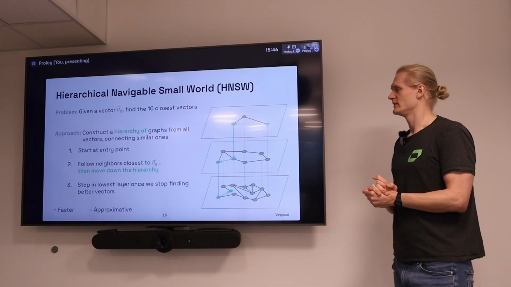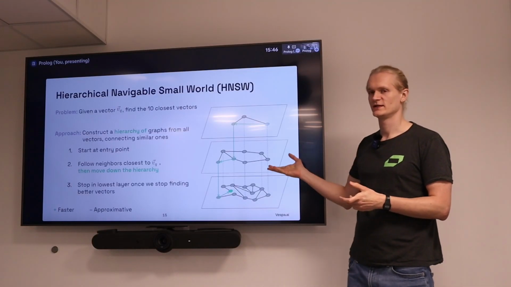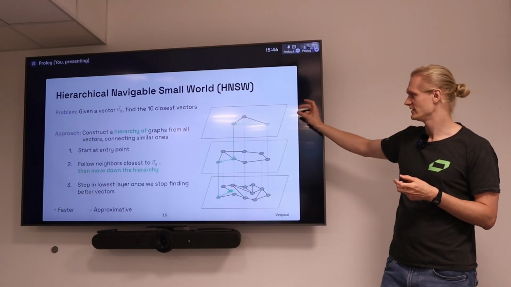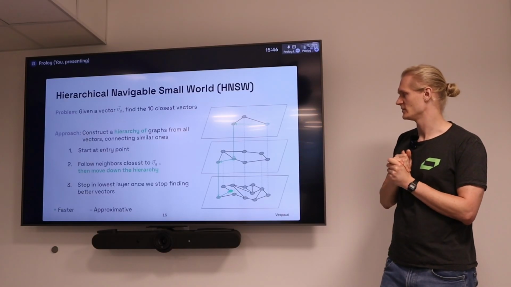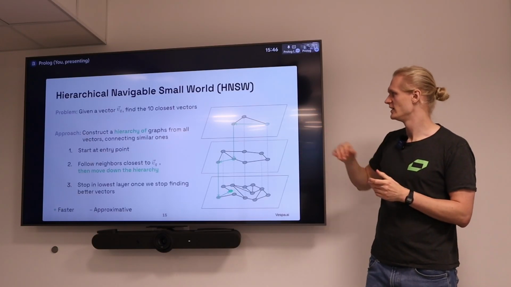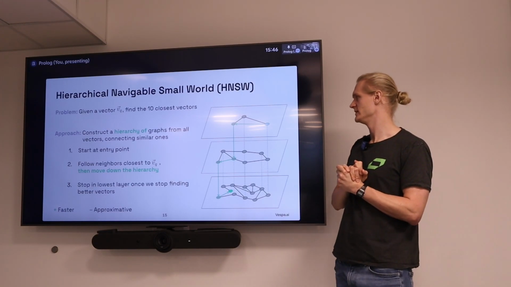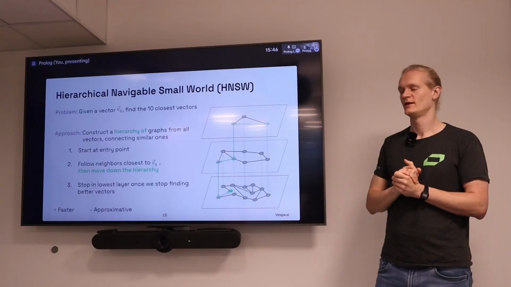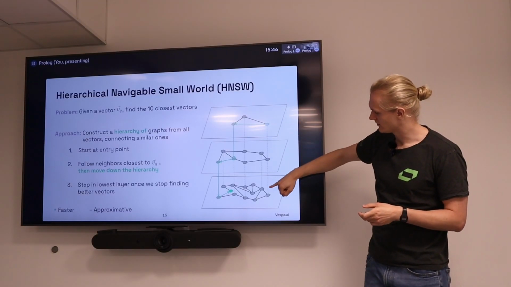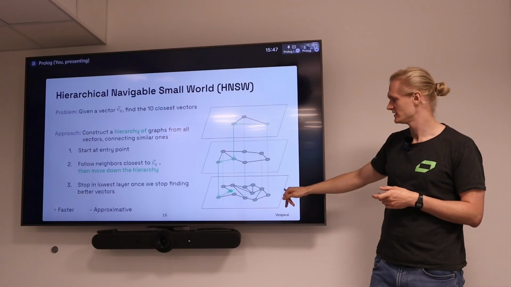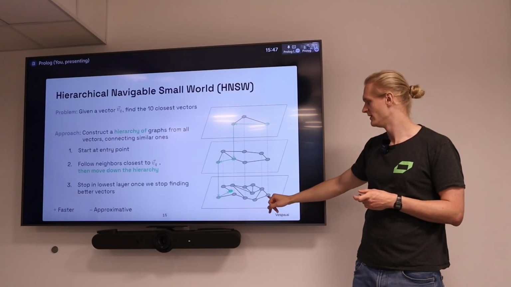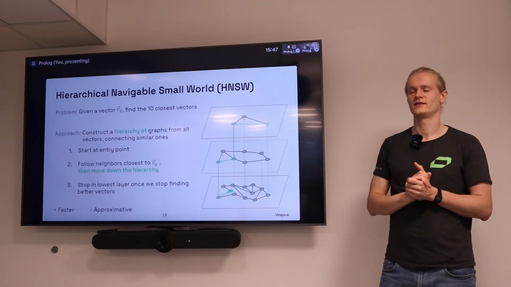And now, instead of just navigating through a single graph, we navigate through the hierarchy of graphs, starting at the topmost graph, at our entry point. And now you can see what's happening here. We take this edge in the topmost graph. And if you look down at the graph that we had on the previous slide, taking this single edge corresponds to taking more edges in the bottommost graph.